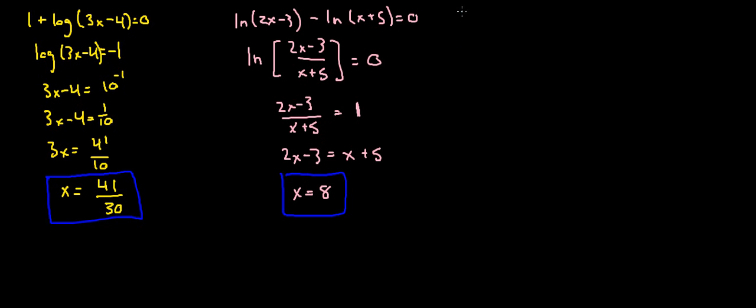Here I've got log base 6 of x plus 2 plus log base 6 of x minus 3 is equal to 1. Same procedure for this one, except these are being added together, so this will be a product rule rather than a quotient rule.